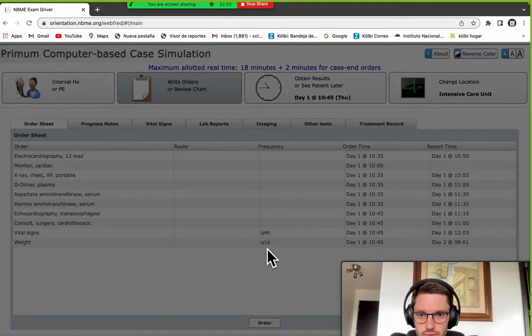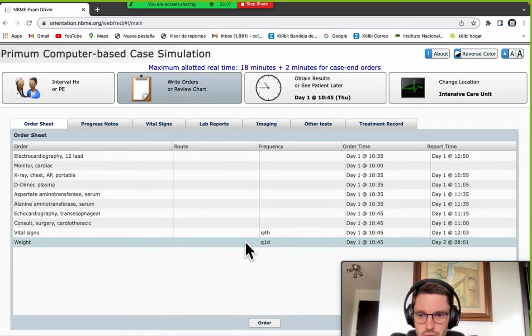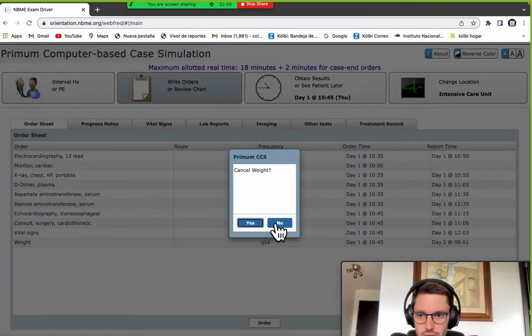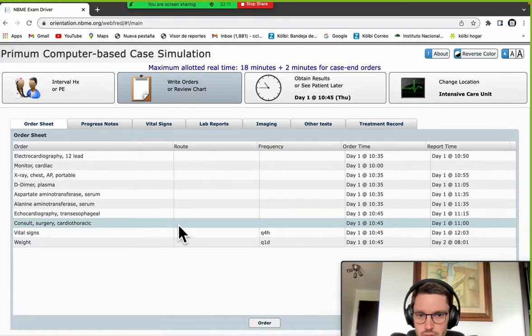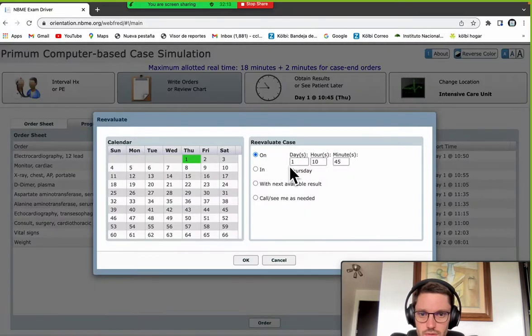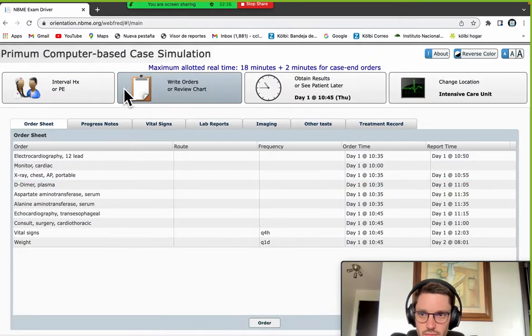We already know this. Let's see what else we got. So we have to control this patient's pressure. That's what we have to do right now. We have to stabilize the pressure. So let's write orders.